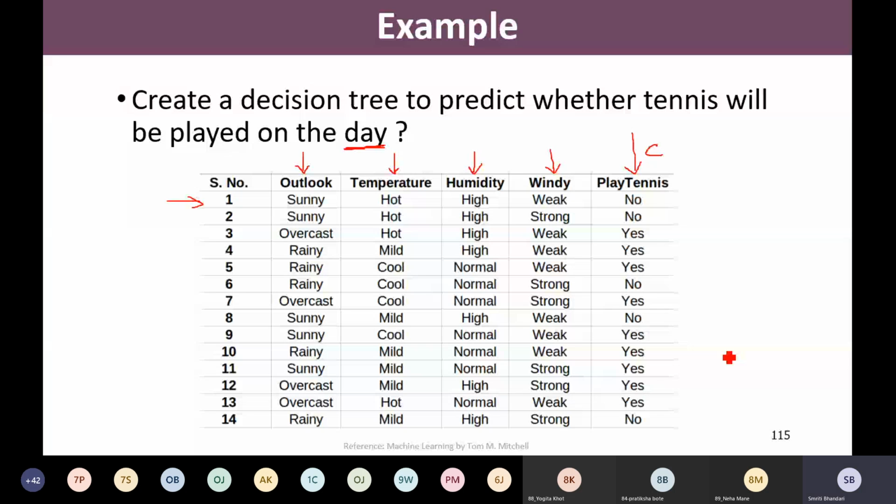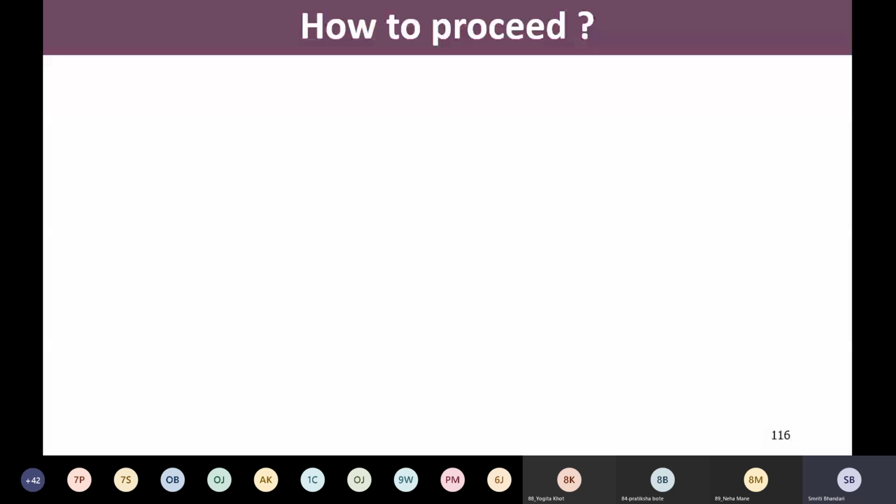Okay. Now, we are supposed to solve this problem, and we need to come up with a decision tree for it. This is the data set available with us. We have 14 examples in our data set. Now, how to proceed? What is the first step to come up with the decision tree?